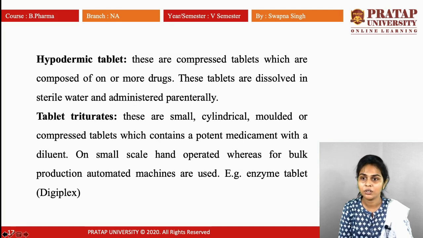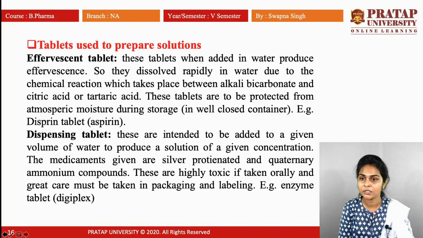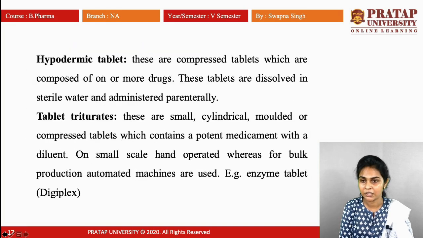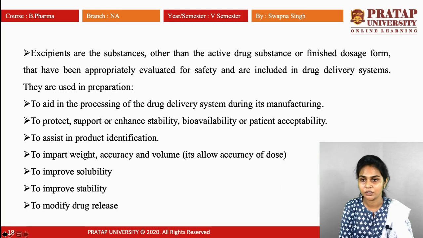These tablets are dissolved in sterile water and administered parenterally. This is simple. Next is tablet triturates. Tablet triturates are small, cylindrical, molded or sometimes compressed tablets which contain a potent medicament with a diluent. On small scale, they are hand operated, whereas for bulk production, automated machines are used. An example of tablet triturate is Diziplex. Dizipex is an example of both dispensing tablet and tablet triturates.